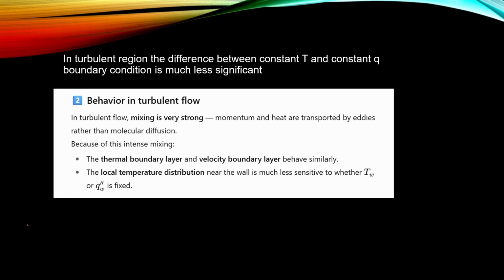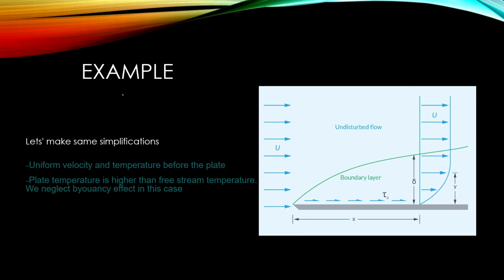If we have a turbulent flow, then we have strong mixing in the boundary layer, and that means both the thermal boundary layer and the velocity boundary layer behave similarly. The local temperature distribution at the wall is much less sensitive to whether we have a fixed wall temperature or constant heat flux.